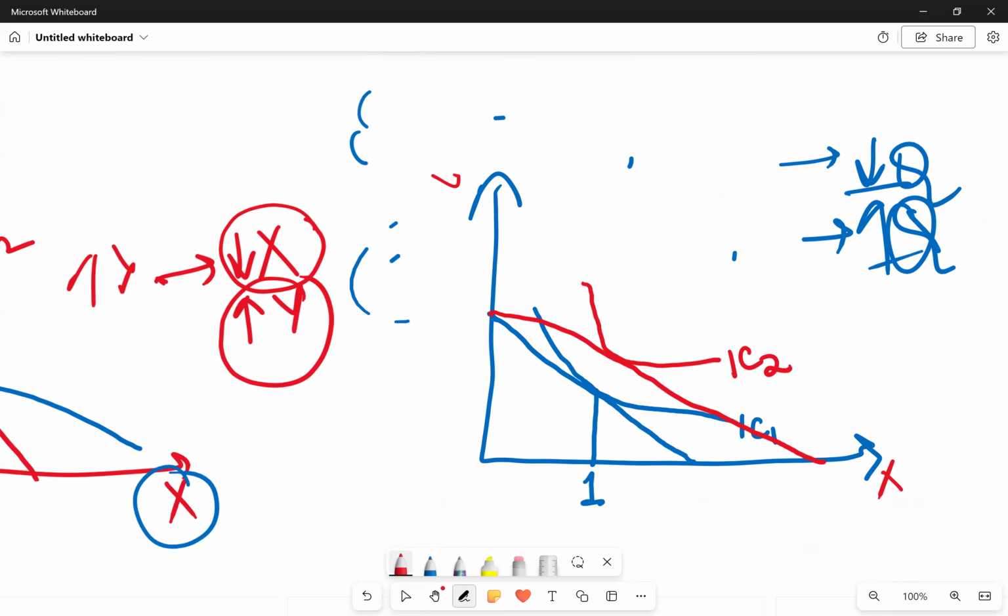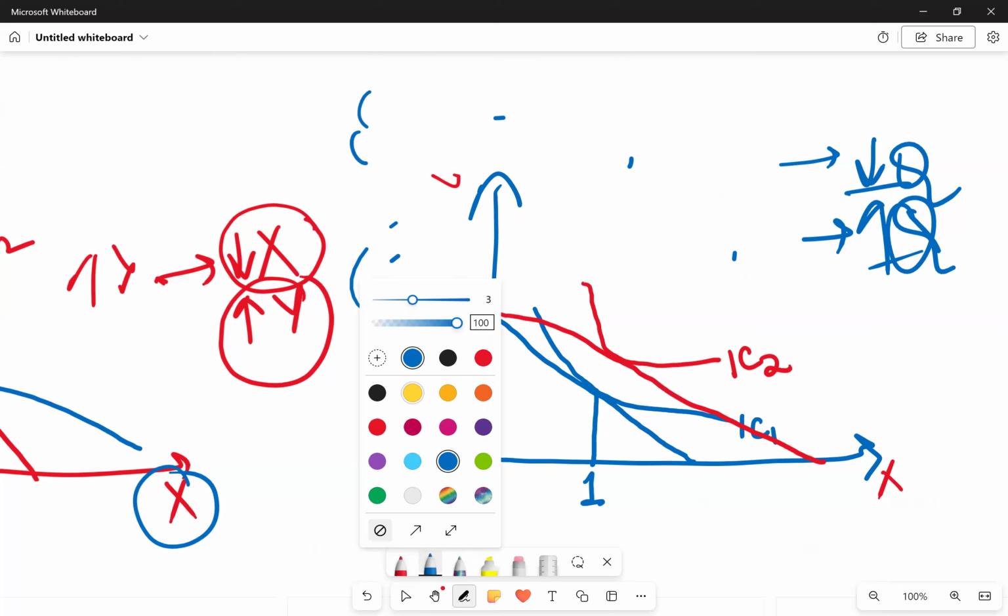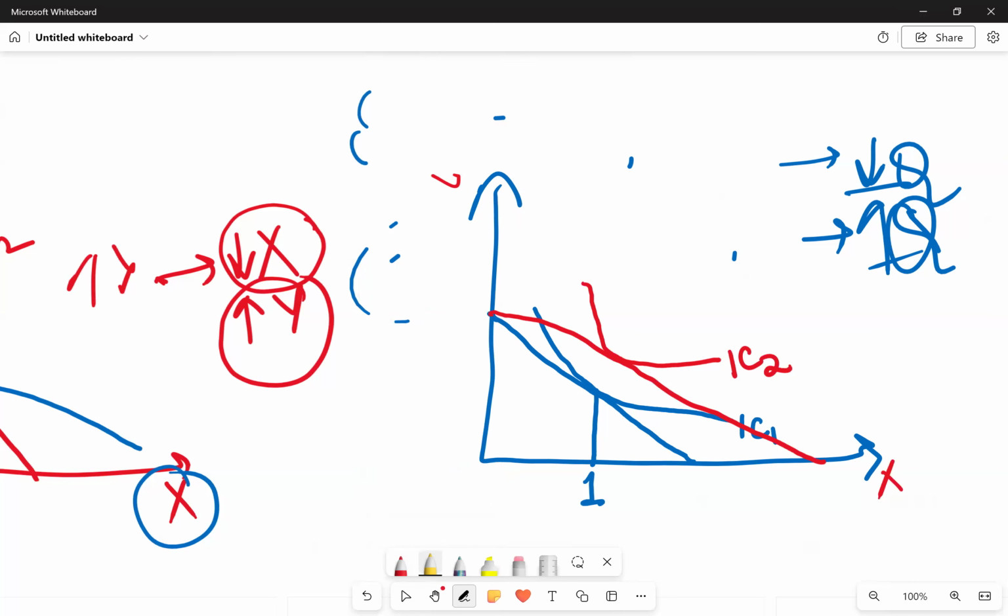But because of this increase, now we have to bring the consumer back to the original utility. So the real income of the individual would be taxed in such a way that the real income will fall in such a way that the new budget line becomes tangent to your original indifference curve, right?